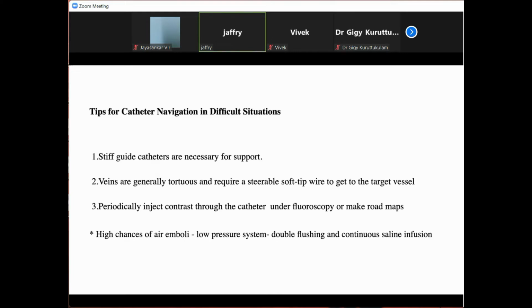The chances of emboli, especially air emboli, are more in venous procedures because of the low pressure system, unlike the arterial. So it is better to have double flushing and continuous saline infusion, which is invariably considered in all endovascular procedures.